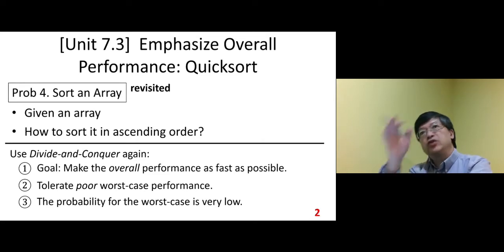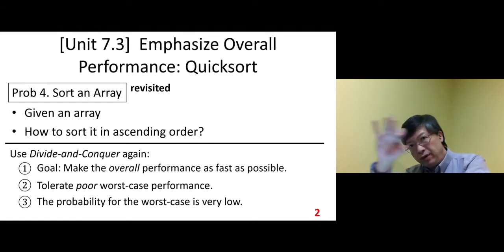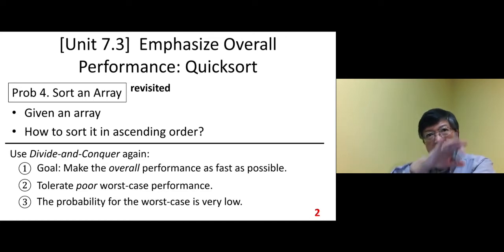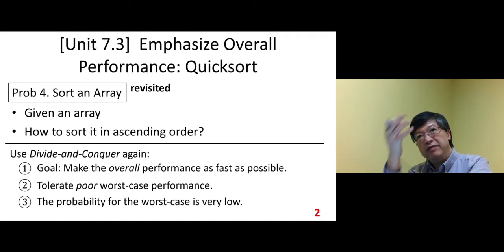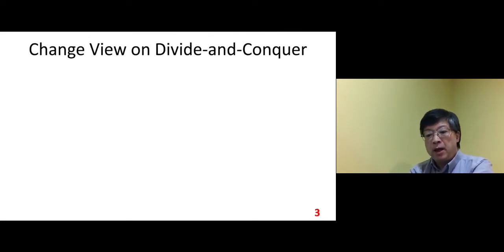When we run this quicksort many times, only with a very small probability is the worst case very poor. So if we take the average, if we look at the overall average case performance, we get an extremely fast sorting algorithm.